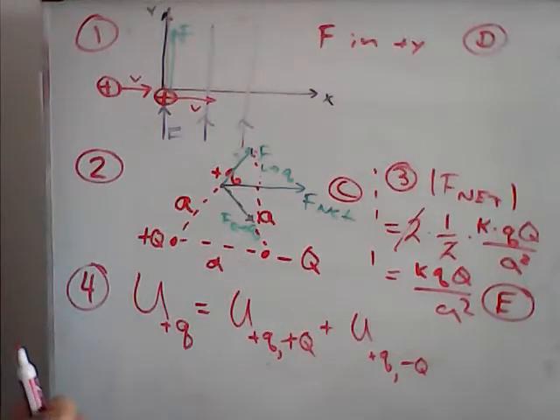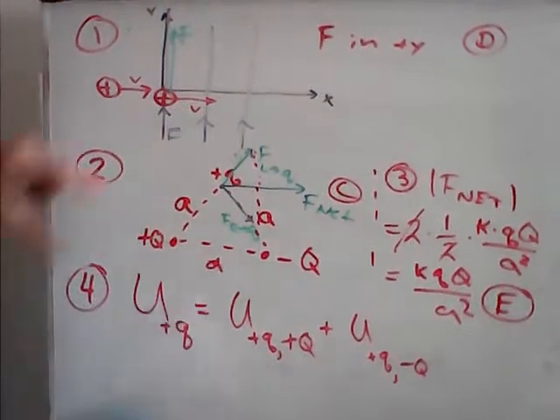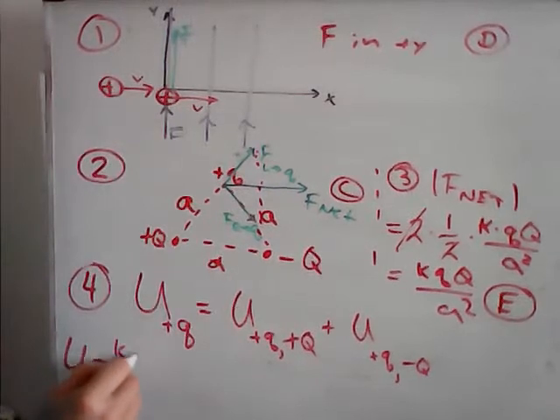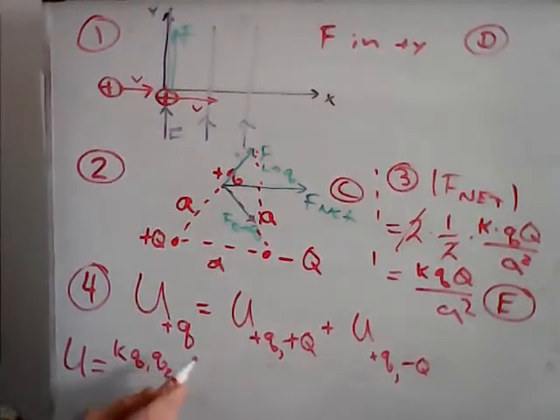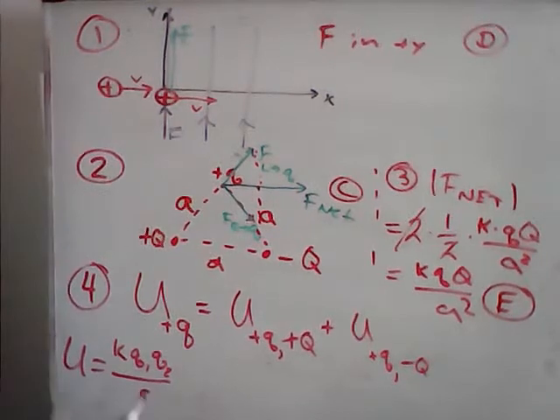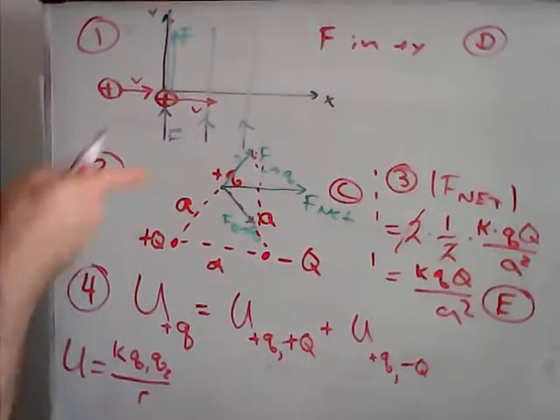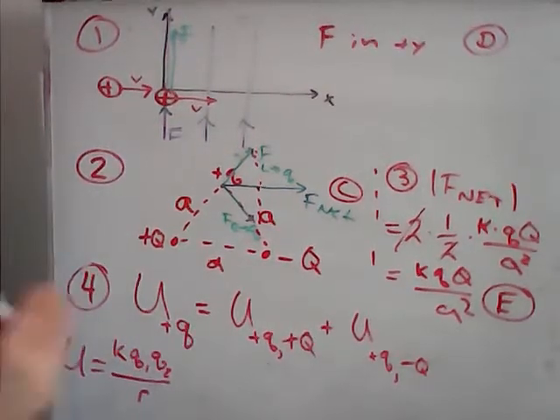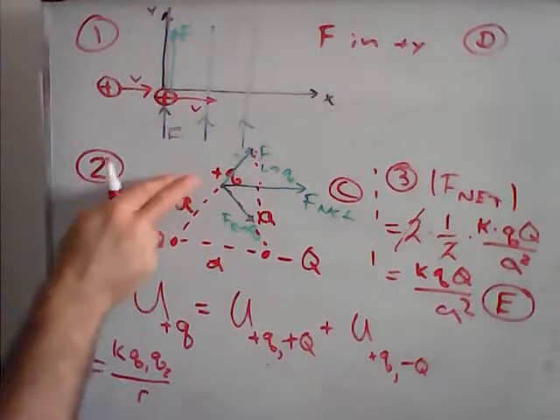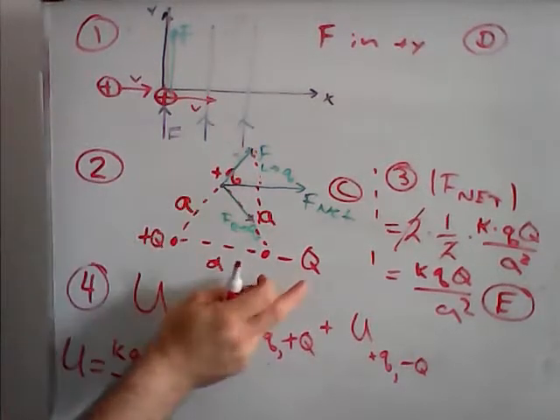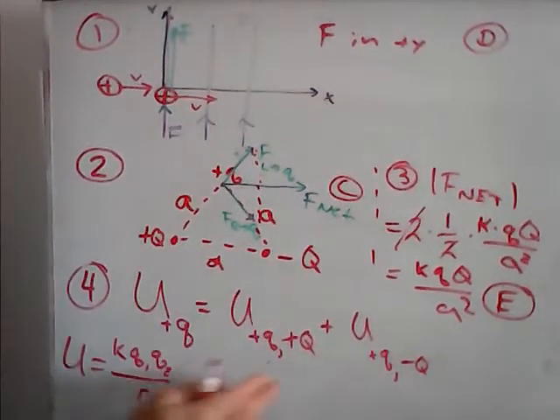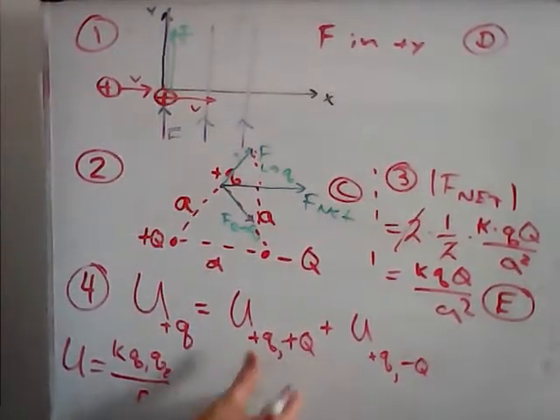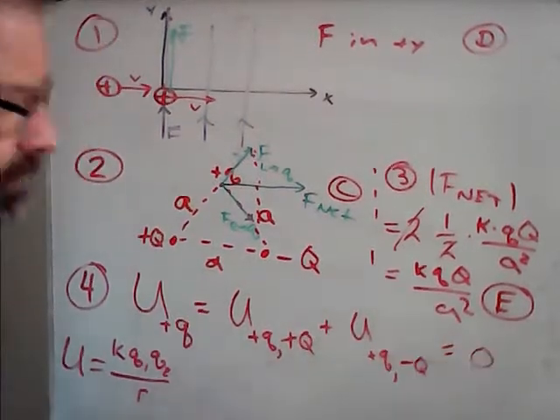So it means that the potential energy due to this pair over here, according to our equation for potential energy of 2 charges, K, Q1, Q2, divided by R, the distance between them, this pair is big Q, little q times K divided by A. Well, this one has the same thing, except that you have plus Q and minus Q, which means, of course, that this potential energy is the exact opposite of this one, and therefore the total potential energy will be 0.